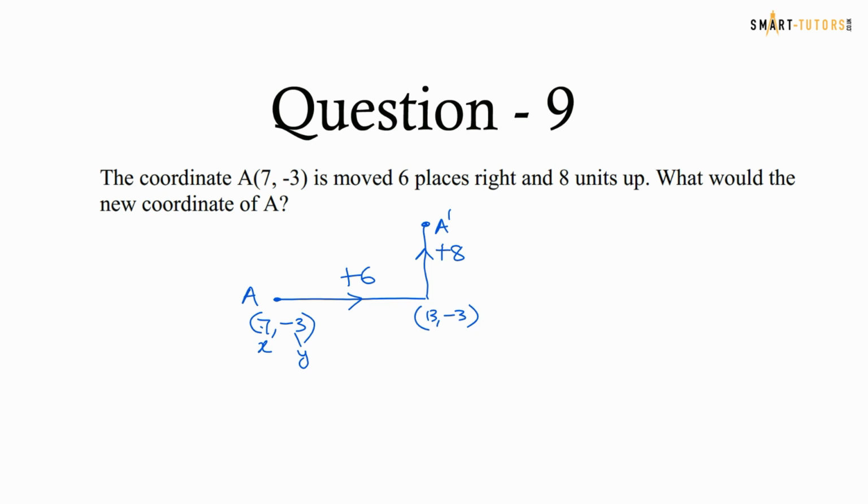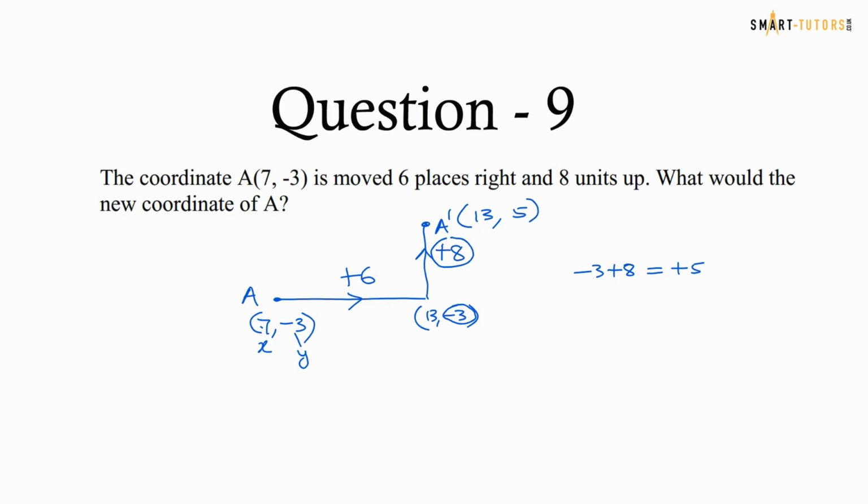The minus 3 is going to be increased, top, plus 8. So the point is moving upward, which means the y coordinate increased by 8. So minus 3 plus 8, which is plus 5. So the point A dash, the new coordinate is going to be 13, comma 5.